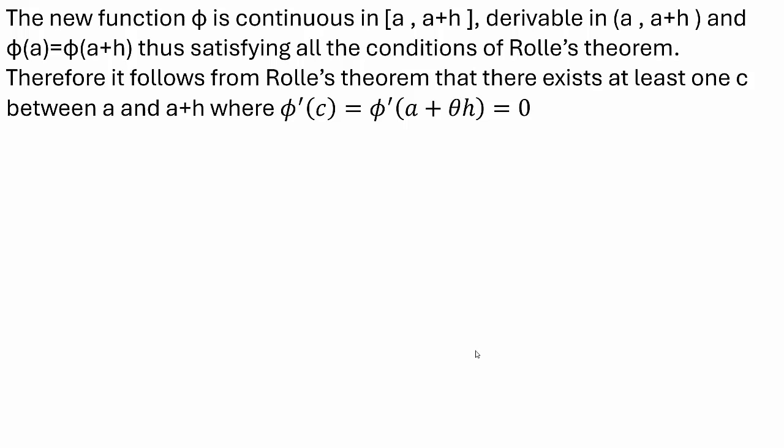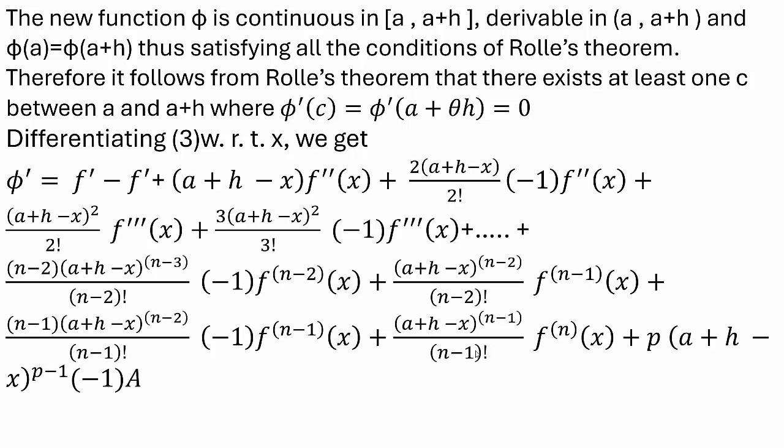By Rolle's theorem, if phi is a continuous function in a closed interval, derivable in the open interval, and phi is equal at the extreme points, that is phi of a equal to phi of a plus h, then there exists at least one point c in the interval (a, a plus h) such that phi dash c equal to phi dash of a plus theta h equal to 0.